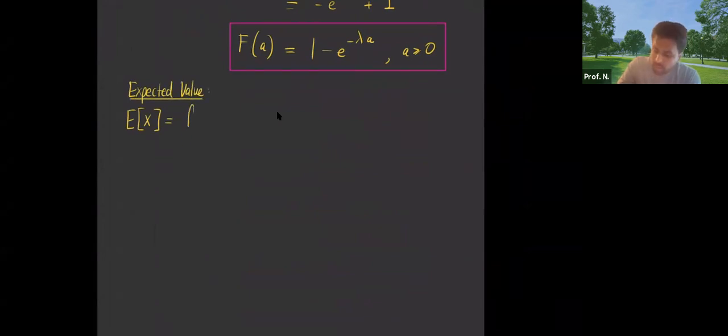Well, we have to do the integration: negative infinity to infinity of x times f of x dx. So this becomes 0 to positive infinity of x times lambda e to the negative lambda x dx.